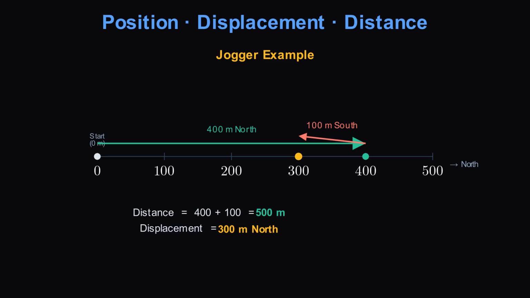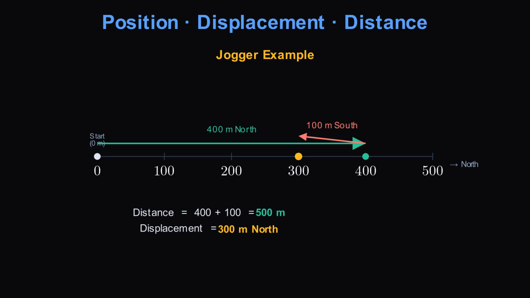Displacement is a vector quantity. It has both a magnitude and a direction, and it can be negative. Distance is different. Distance is the total length of the path actually travelled. Distance is always positive. It does not care about direction.